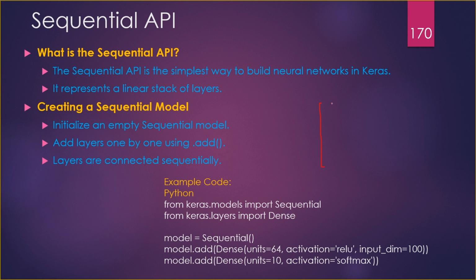We have a 100-dimensional vector. So we have some values here, total 100 dimensions, and these are connected with the neurons here. Remember, each and every point here represents one neuron, which we call an input layer neuron.